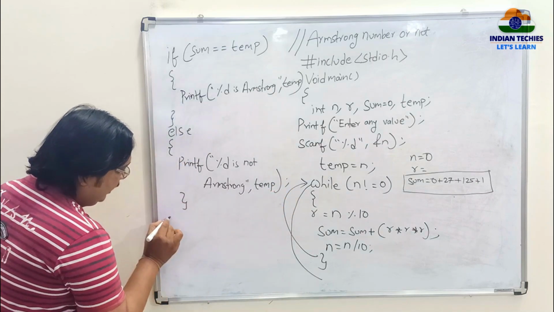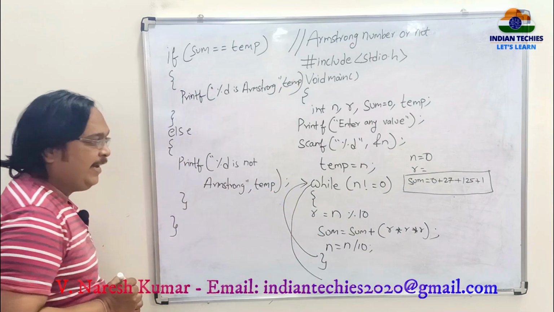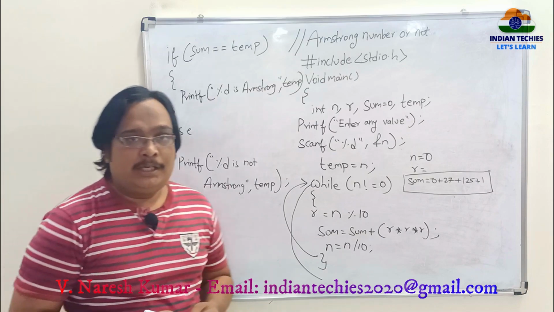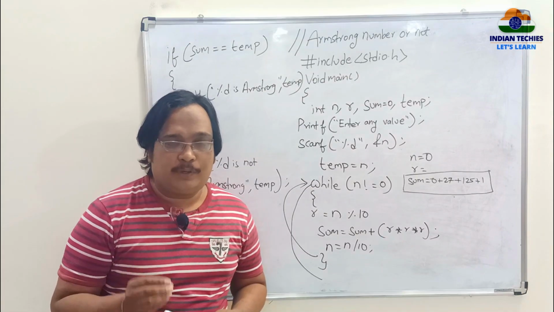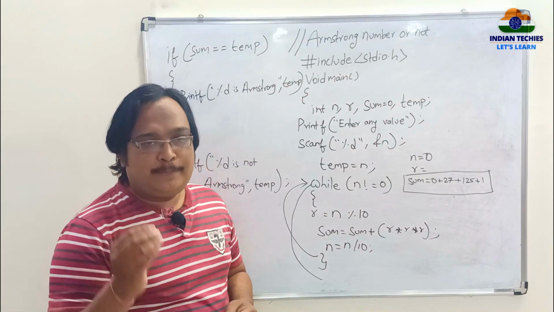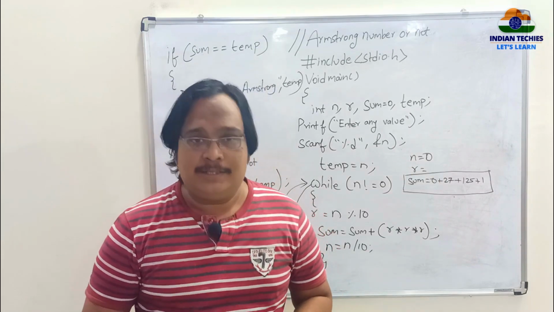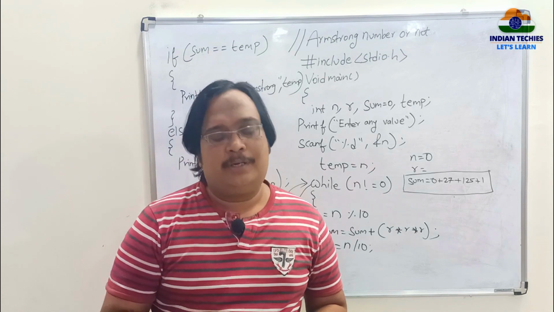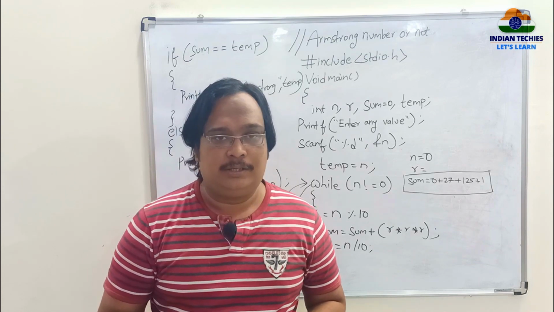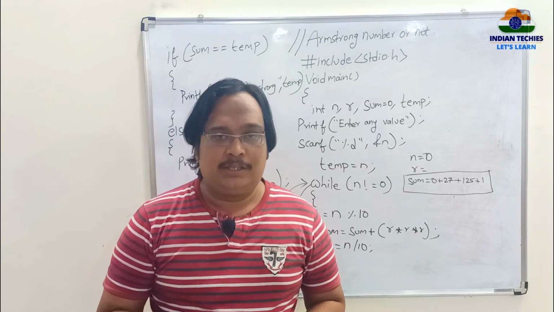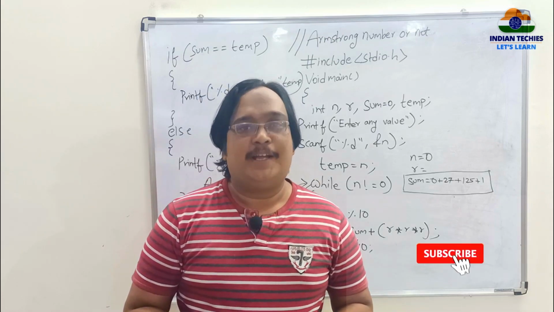Close else and close main. Right? This is how you perform the Armstrong number logic, that is how to find whether the given number is an Armstrong number or not. Hope you understood the logic and the concept of Armstrong number.